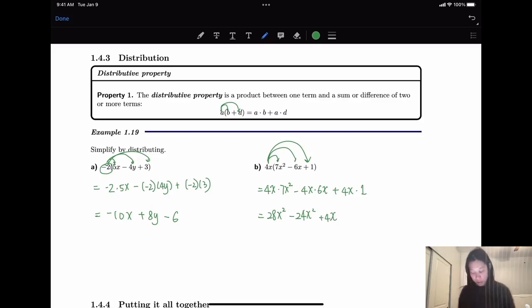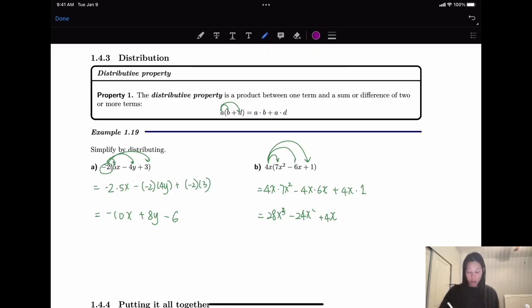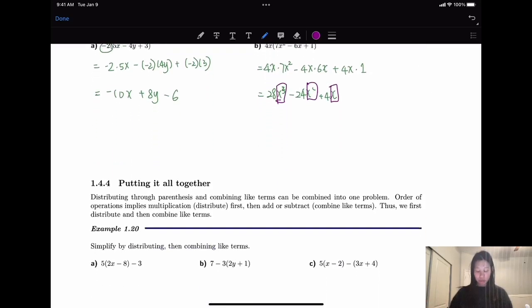Oh, I'm sorry, the first one should be x cubed, because x times x squared gives you x cubed. So now, when you look at here, are they like terms? No, they aren't, because the exponents are different. The first term has 3, the second one has 2, the last one is just 1. So that means you cannot combine these three together.